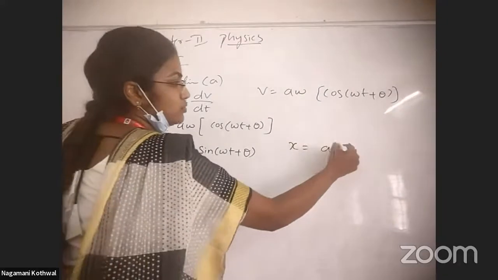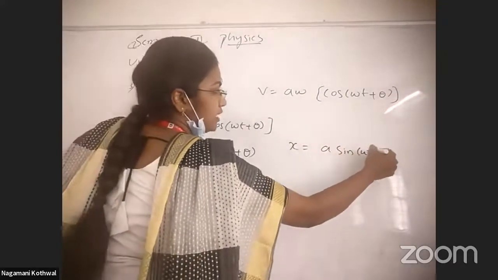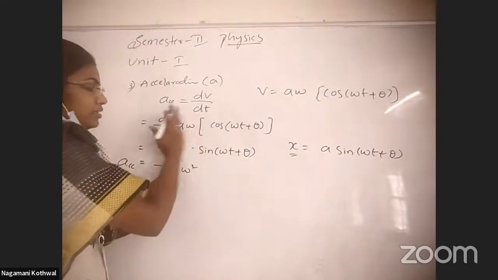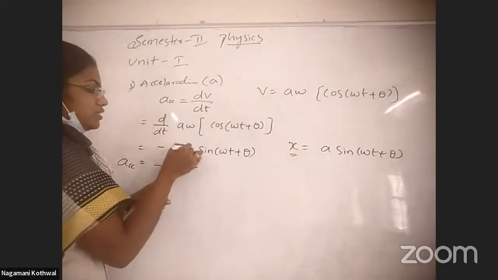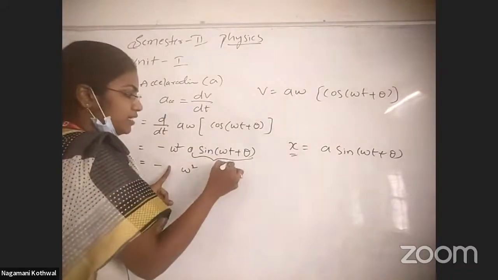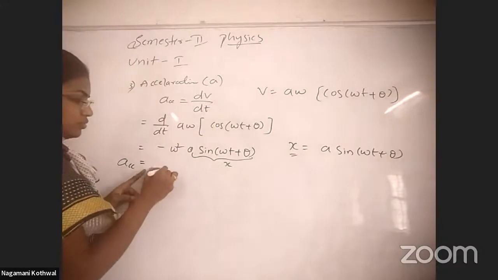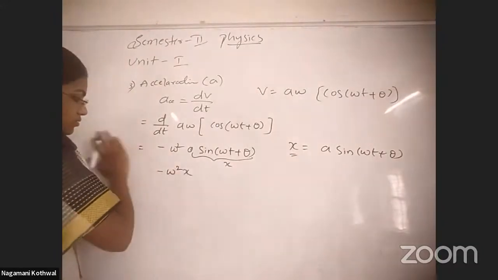Remember x equals a sin(omega t plus theta), so a sine omega t is x. So acceleration is equal to minus omega square into x.